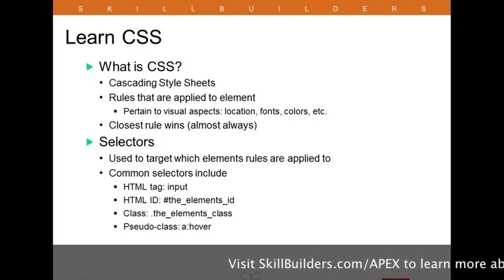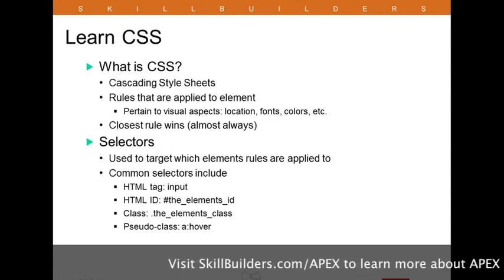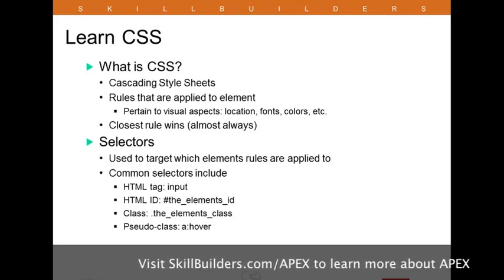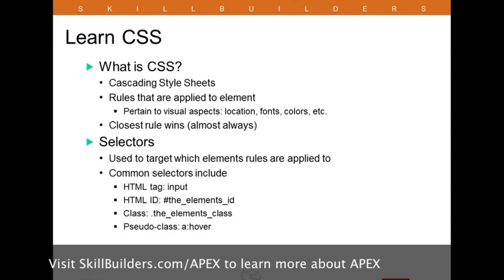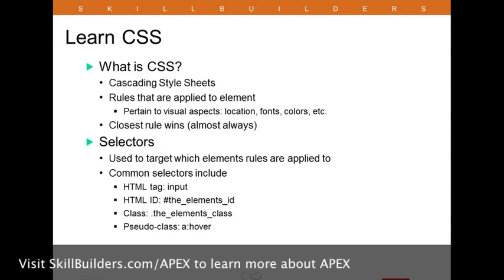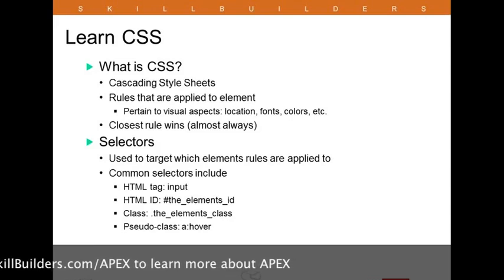So cascading style sheets, what does that mean? Well, basically, cascading style sheets are all about the look and feel of various elements in your web page. And the cascading part has to do with the fact that the rules can be defined at different places. And basically, the rule closest to the element almost always wins. Now, these rules use selectors to apply various style rules, such as background color and border and things like that.